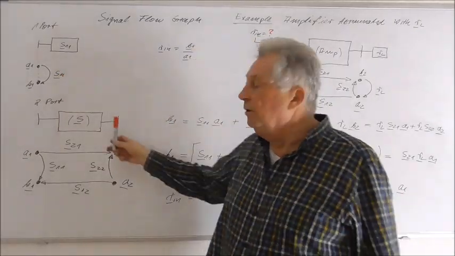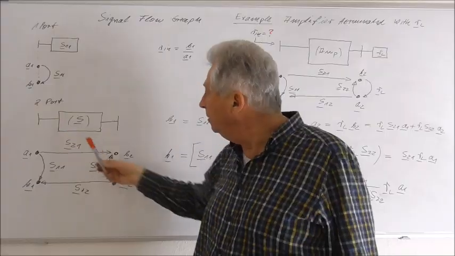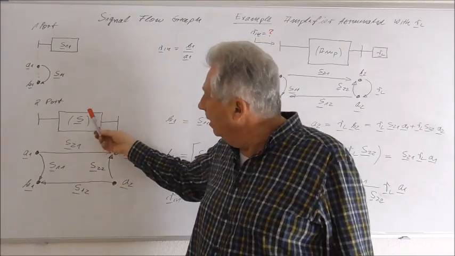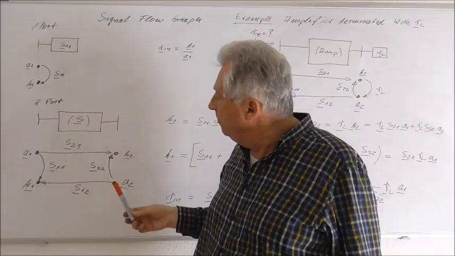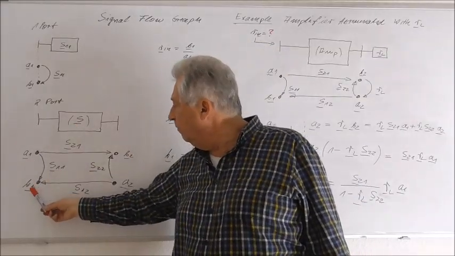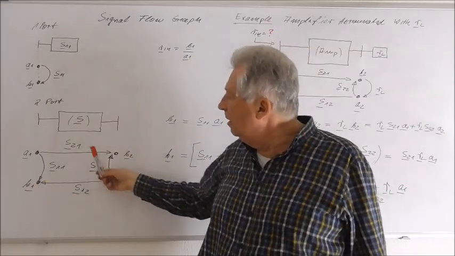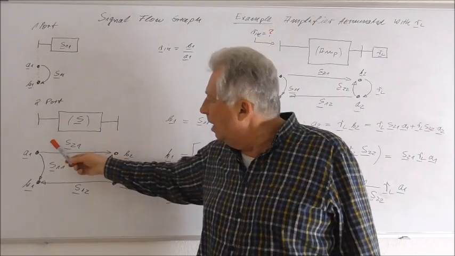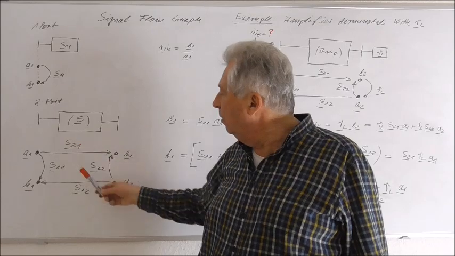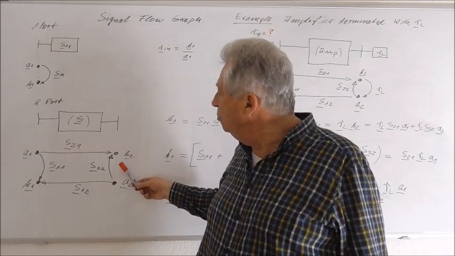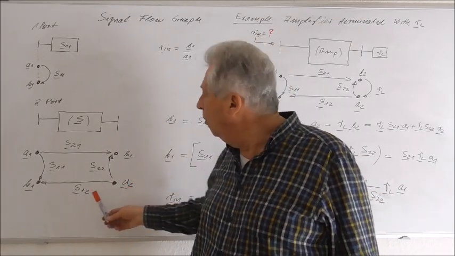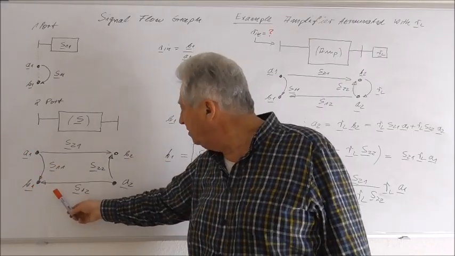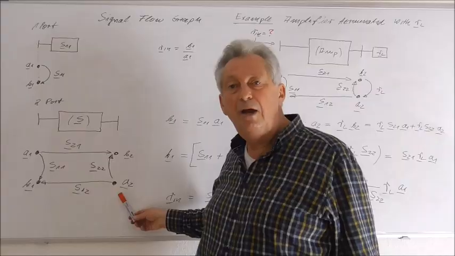A little bit more complicated is if we have a two port. Then the two port is described by its S matrix, and we have here A1, B1, B2, A2, and here are the parameters. So B2 becomes S21 times A1 plus S22 times A2, or B1 becomes S11 times A1 plus S12 times A2.